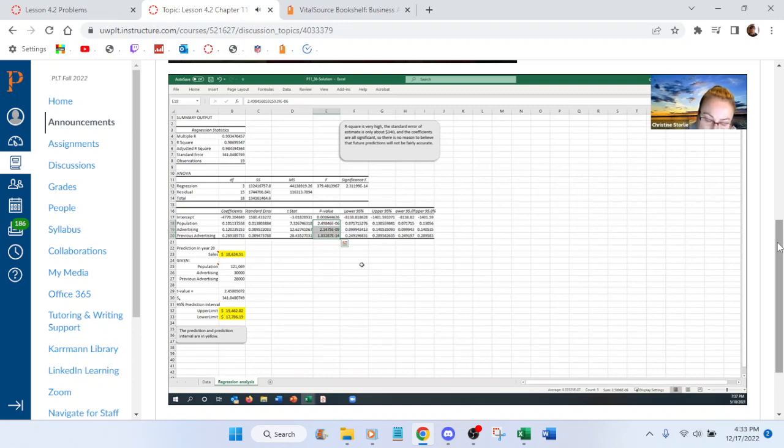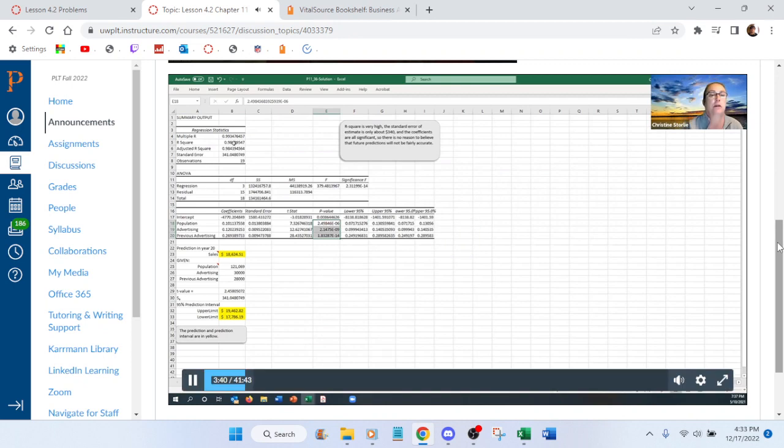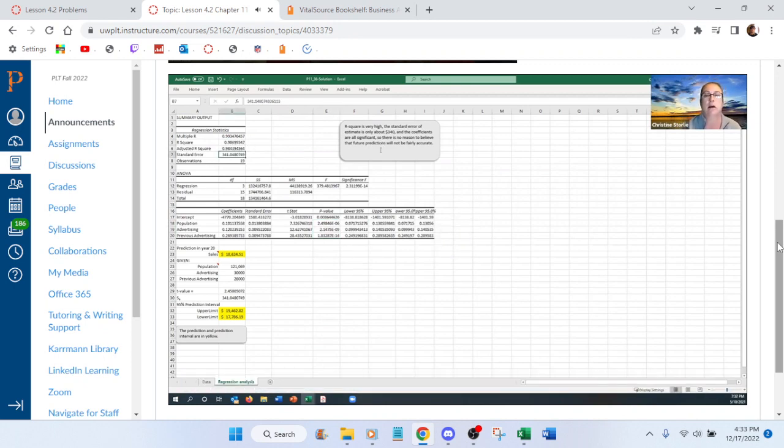Can you expect predictions of sales in future years to be very accurate? With a very good fit, there should be no reason to believe you would have problems with future predictions. So then, given that, let's predict in year 20 what the sales would be if the population doesn't change, if $30,000 is put in for advertising, and the previous year's advertising is 28,000.